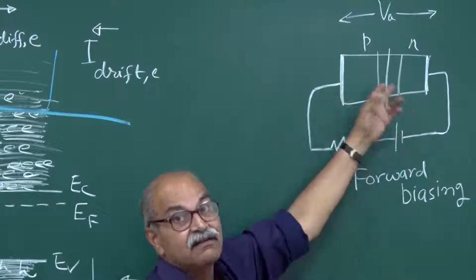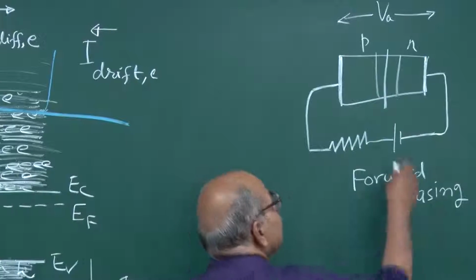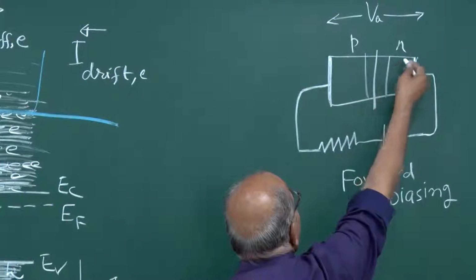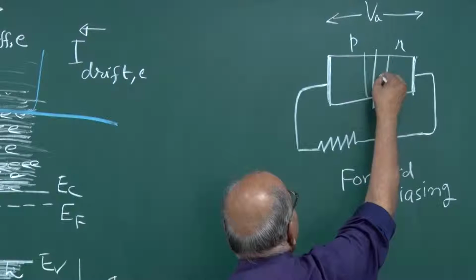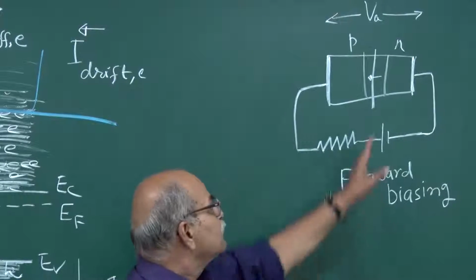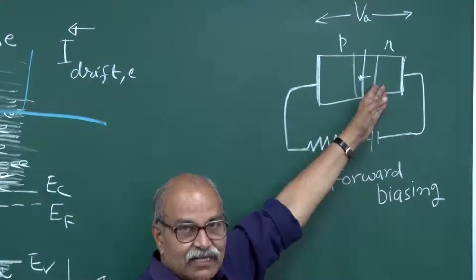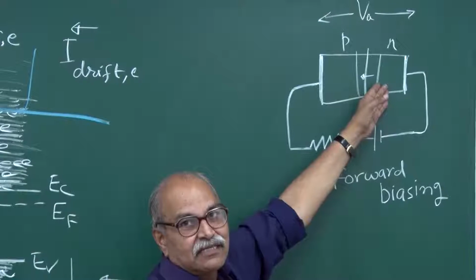That internal inbuilt potential difference is always there because of the electric field, because of these negative charges here, positive charges here. You have an electric field this way, and this electric field creates a potential difference. We have made all the calculations for that quadratic potential distribution.